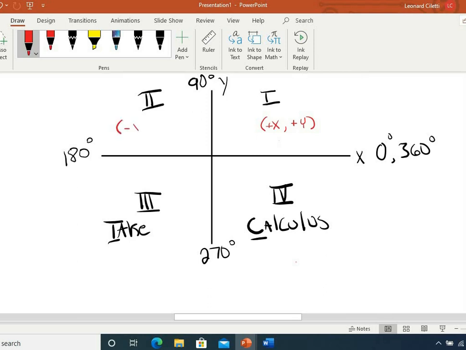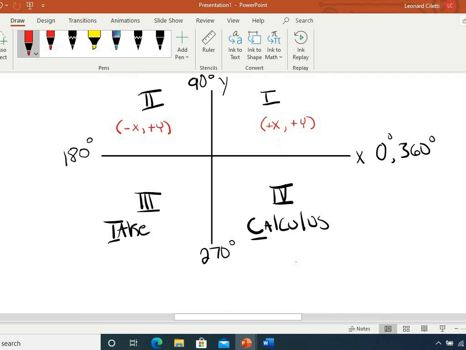Negative x's and positive y values, because anything going up is positive, and anything to the left of 0,0 is a negative x value. So that's why sine is positive, because sine is associated with the y values. It's a vertical piece, not a horizontal piece.